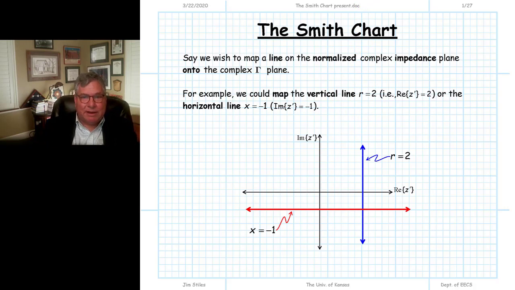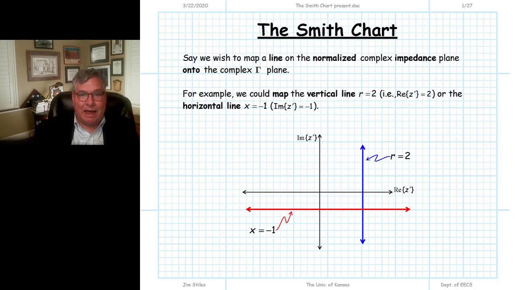And this is important to think about. As we move up the contour toward infinity, we get an impedance which has a real part of 2 still, but an imaginary part that's approaching infinity. What do we call such an impedance? Well, look at the magnitude of that. A real part of 2, an imaginary part of infinity.